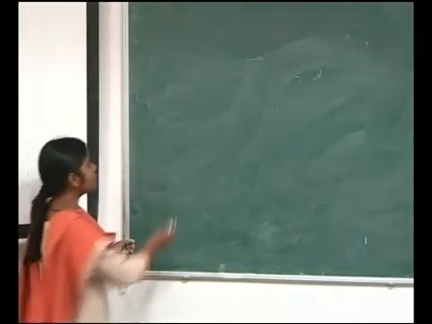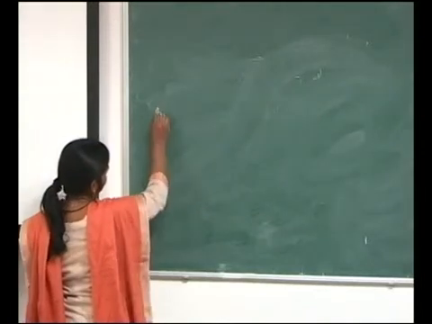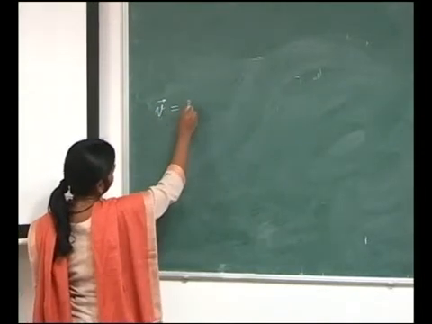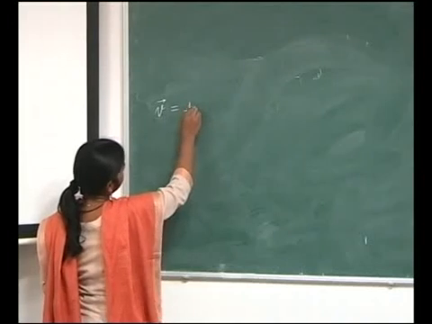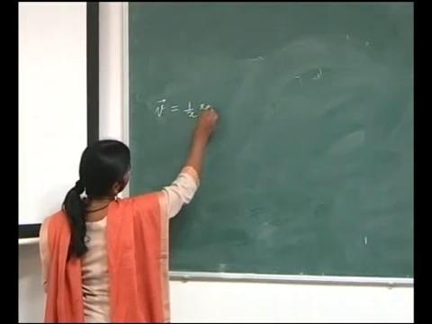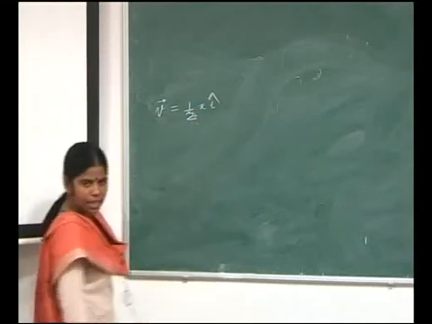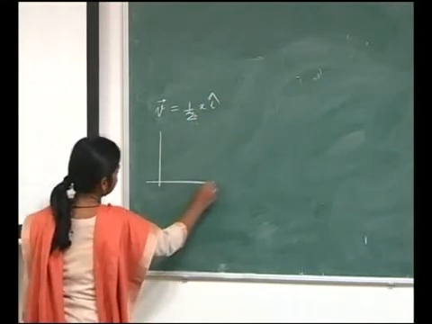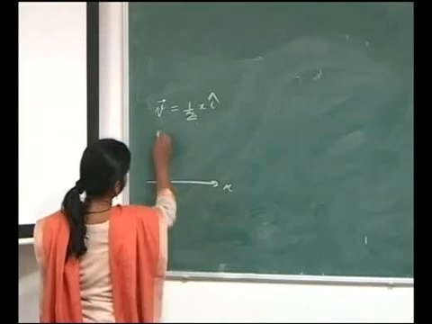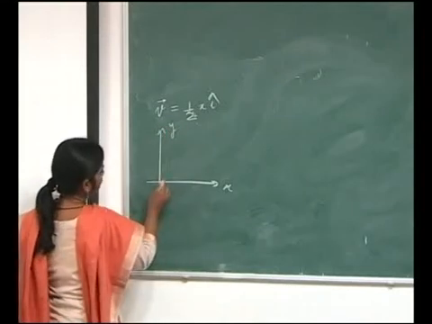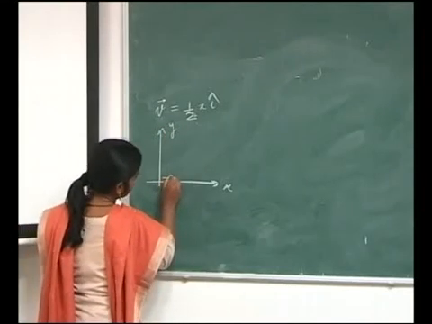Let us take the example that V is equal to half x i. We said that this varies with x and y like this.